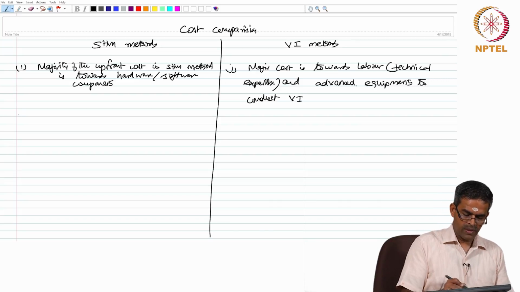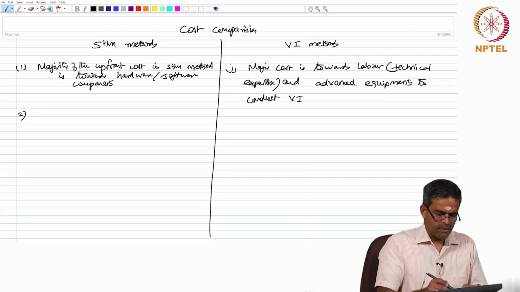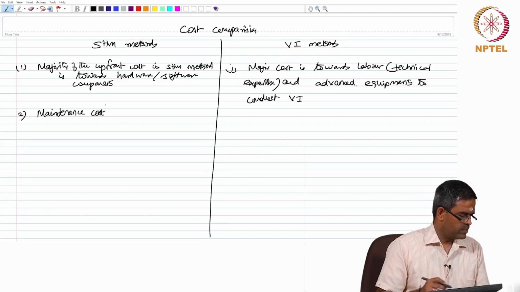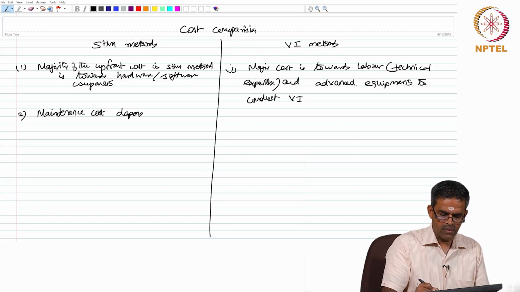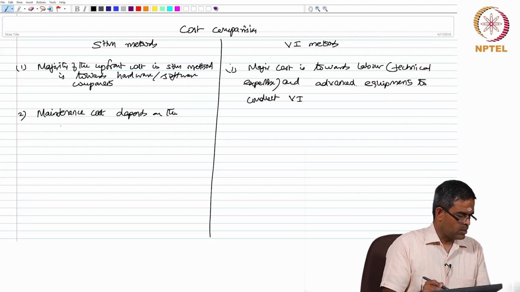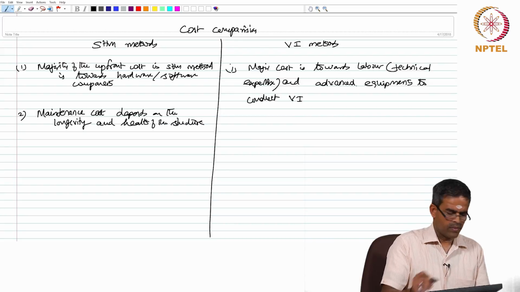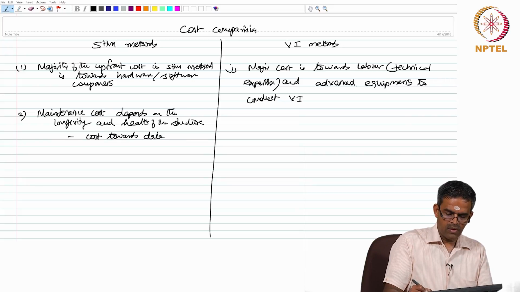The second issue here is maintenance cost. It depends on the longevity and health of the structure. That is, the cost is essentially towards data acquisition and data management.